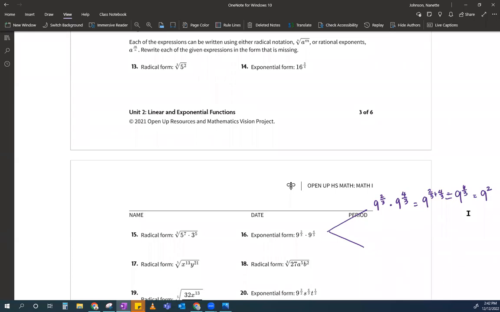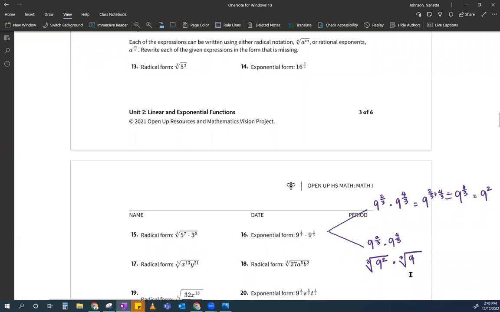is using the radicals. So whenever I write a radical, so 9 to the 2/3 times 9 to the 4/3, this denominator here becomes the index for your root. So that 3 sits there. And then I just write 9 squared times, again writing that cube root of, because it's the same denominator, and then 9 to the 4th.